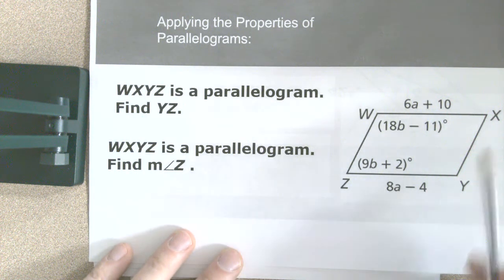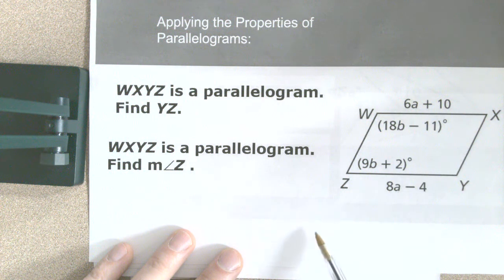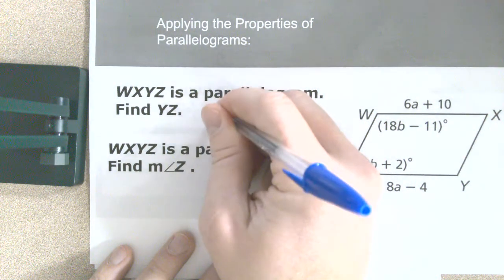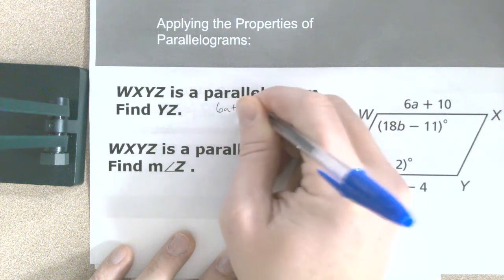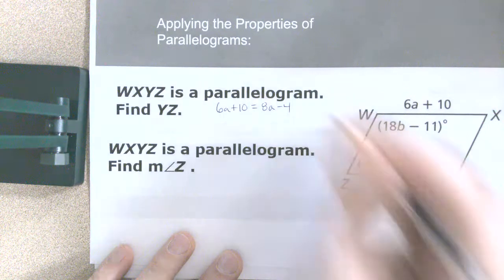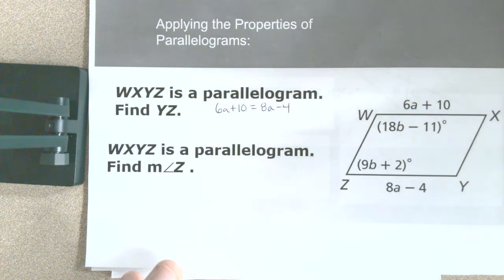So as I look at this picture, I know that WX and YZ have to be the same. So for this first one, I'm going to say 6A plus 10 equals 8A minus 4.